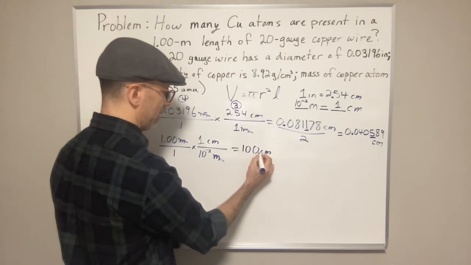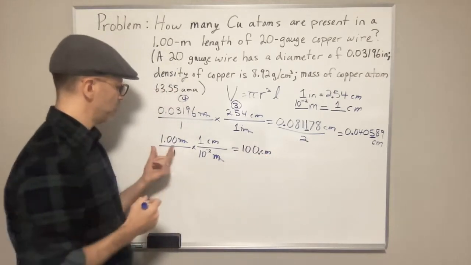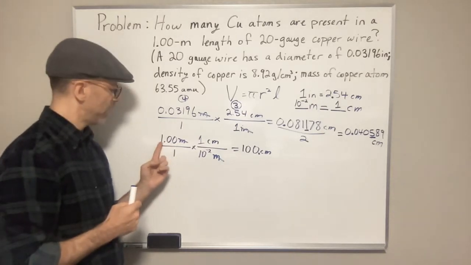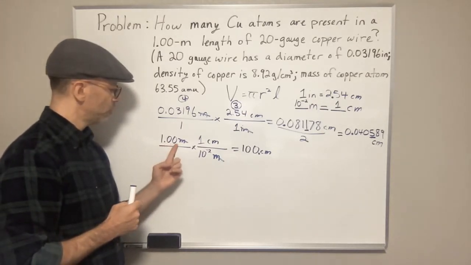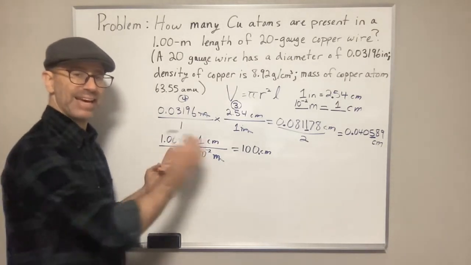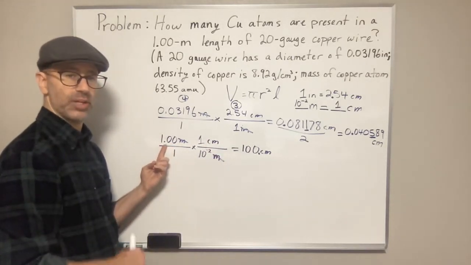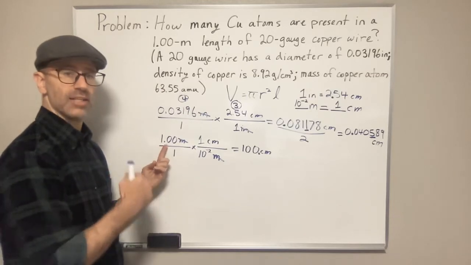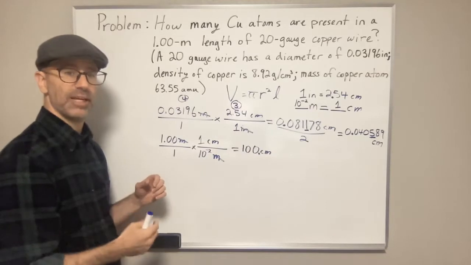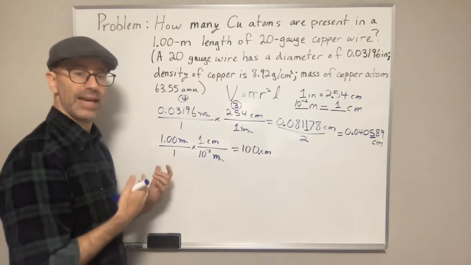I'm going to put a dot there because notice here that, again, I want to keep track of my sig figs. I have 1, 2, 3 significant figures here. These 2 zeros are significant at the end because there's a decimal point. So remember the rule. Zeros at the end of your number, those trailing zeros, are significant if there is a decimal point.